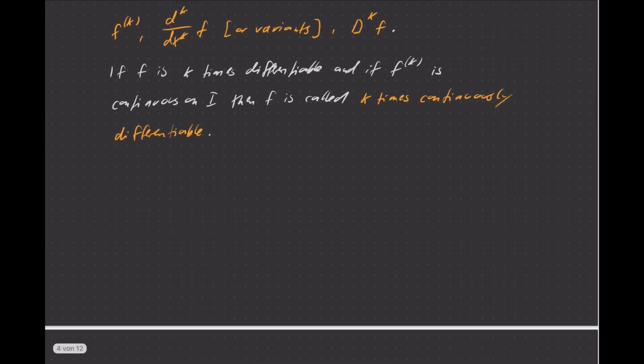Third point, for the sake of a more uniform notation, we usually regard the function f itself as its zeroth derivative.